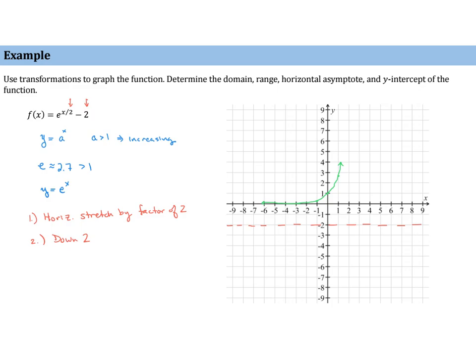And so let's look at our key points. So let's look at 0, 1. If we stretch it horizontally, it will not move. And then we'll move it down 2 units. So we'll be at 0, -1 for our y-intercept. And then 1, e will be stretched by a factor of 2. So it will be 2, e, and then move it down 2 units.